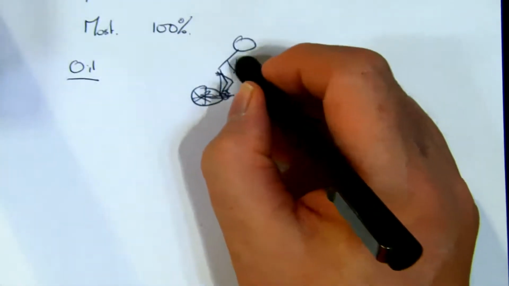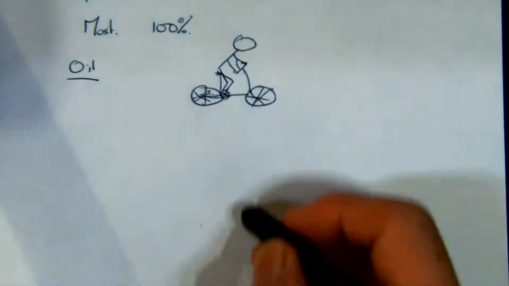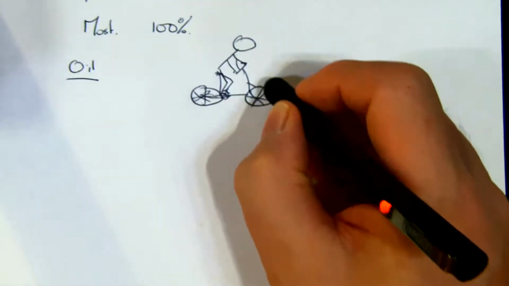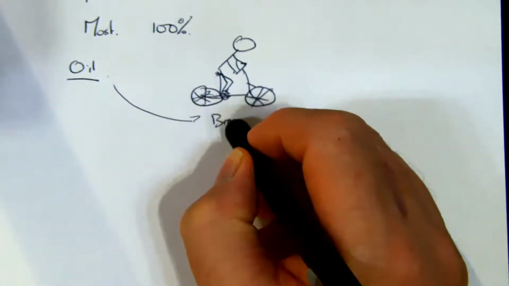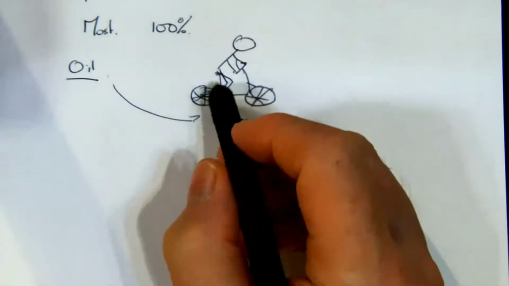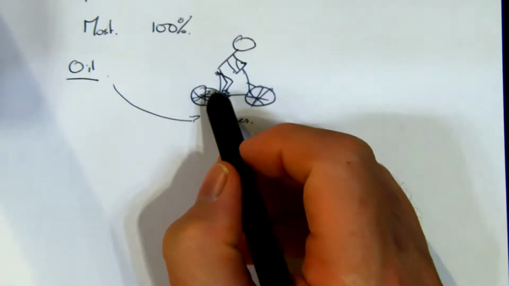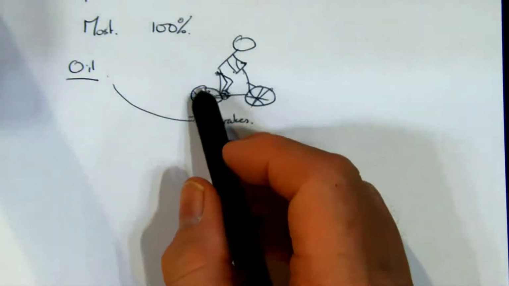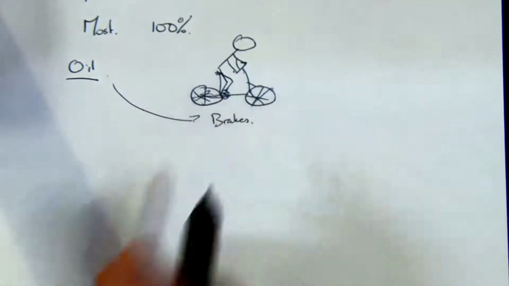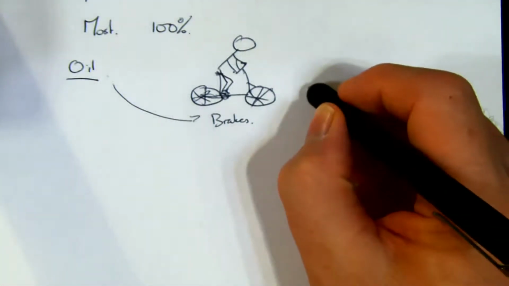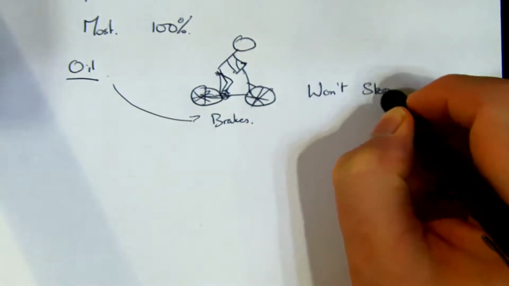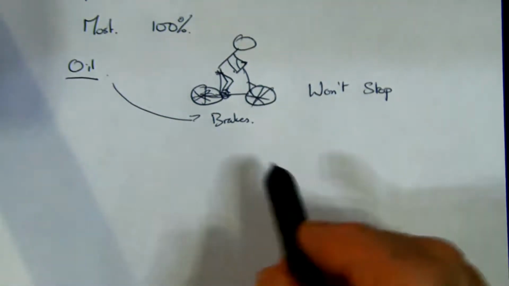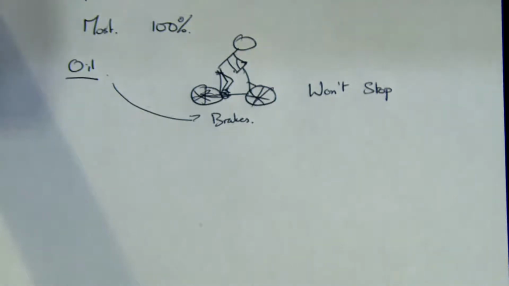And what can we do to help this person? Well, it's quite possible that to try and help them, you could put some oil on their brakes. This will make the brakes, when they lock onto the wheel, not create as much friction. And now the bike won't stop. It does rather ruin the idea of brakes, but is a practical joke that I've seen many students play on one another.